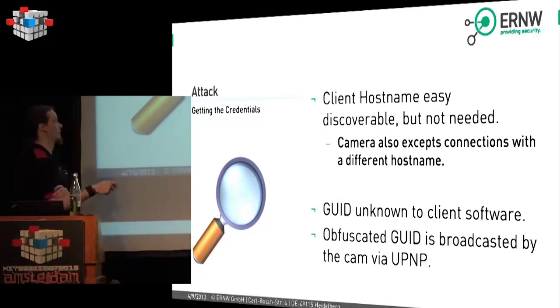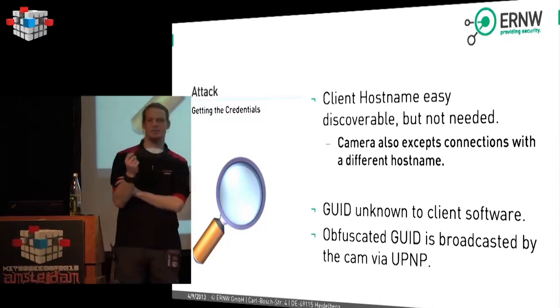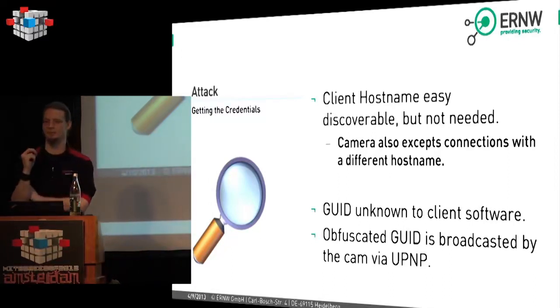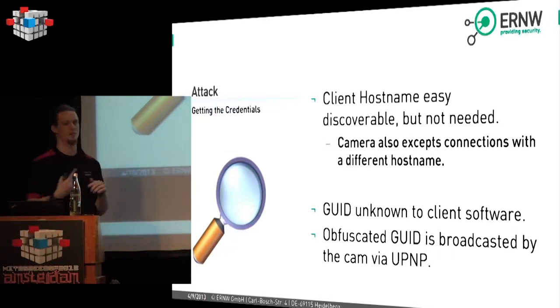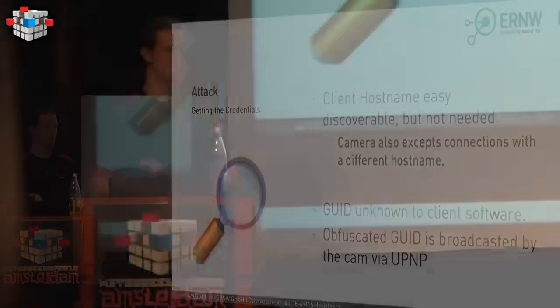Then also the GUID, which after some looking and searching, I figured out is not stored on your client software, as one would imagine, because you got this initial pairing and both exchange credentials, so they should both store the credentials locally.